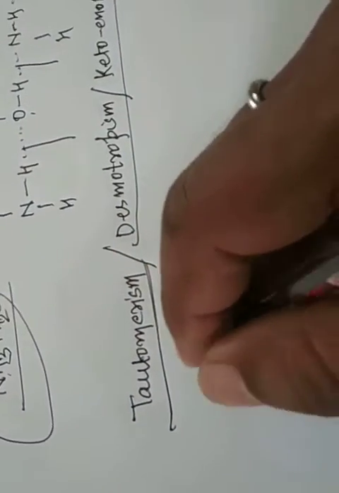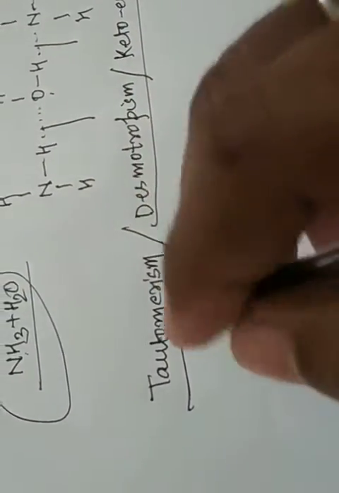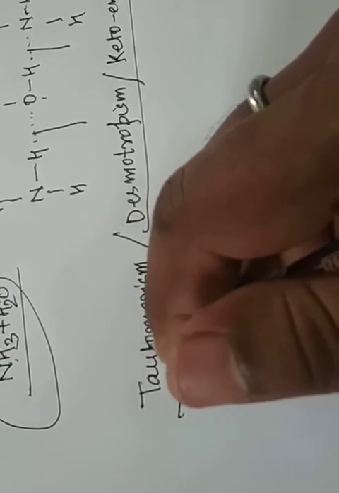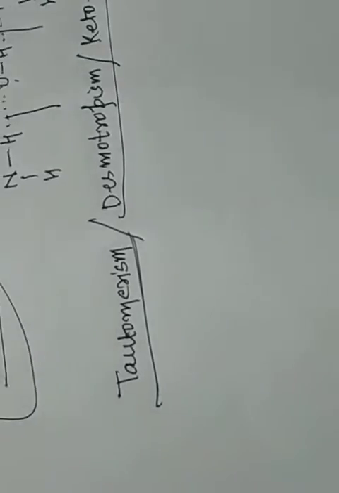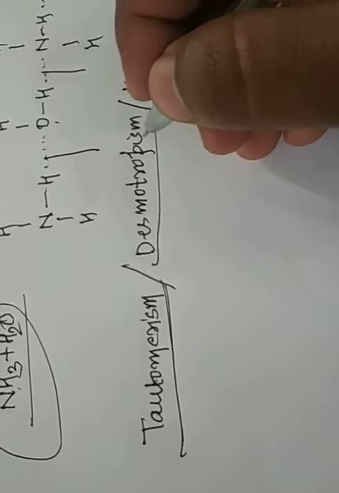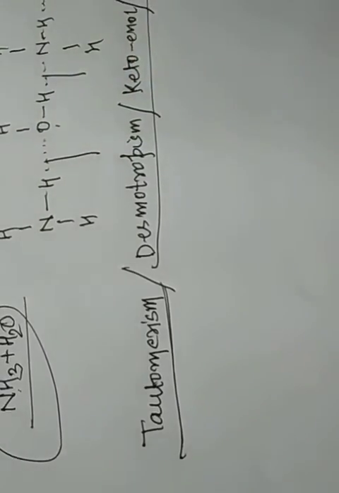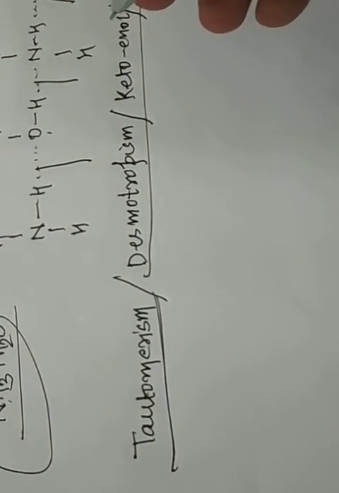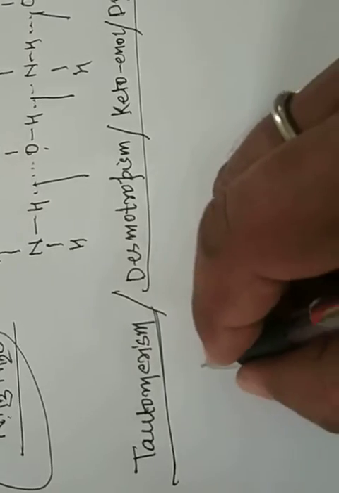Clear? Now how do we check whether a compound shows tautomerism? First, note down: two different structures of the same molecular formula due to oscillation of a movement (hydrogen) between polyvalent atoms.